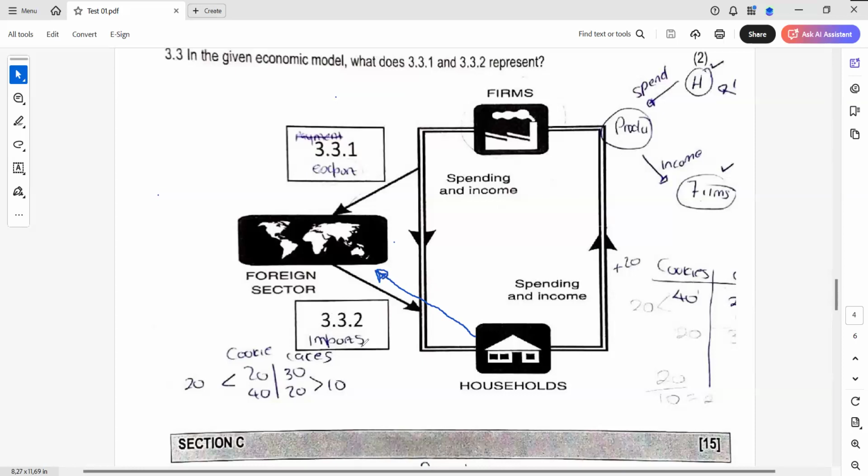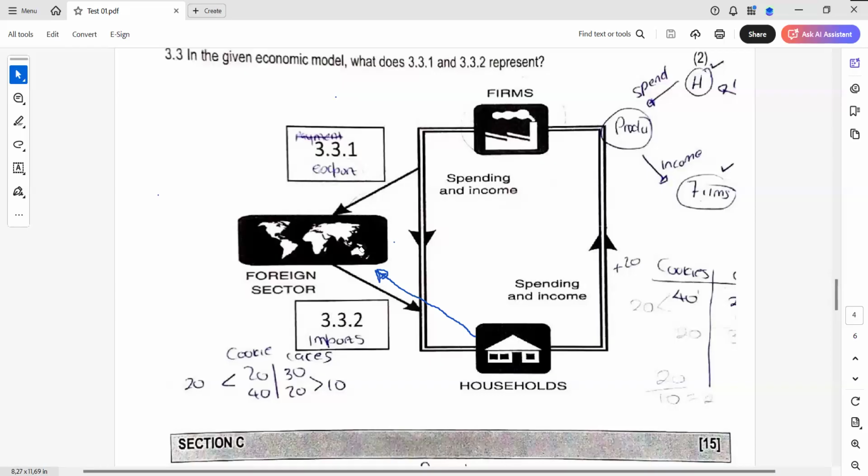So this arrow here can represent imports, which are goods coming in from the foreign sector to the households, right? Or it can also represent the payment of export, where the households now provide goods to the foreign sector.